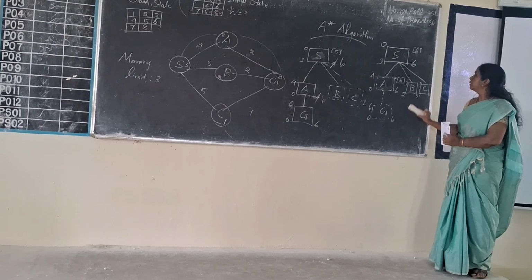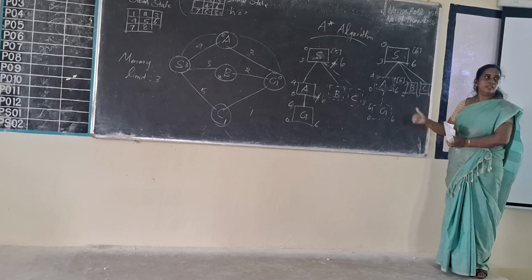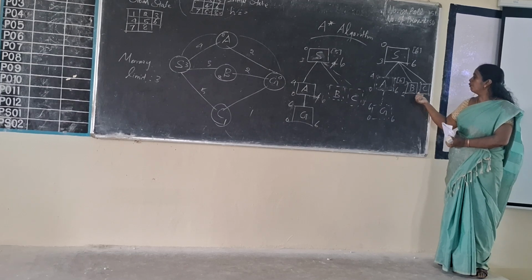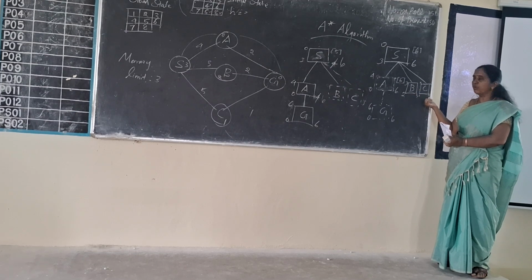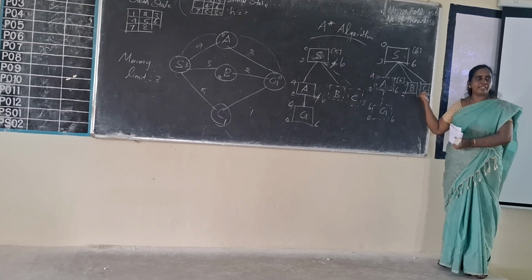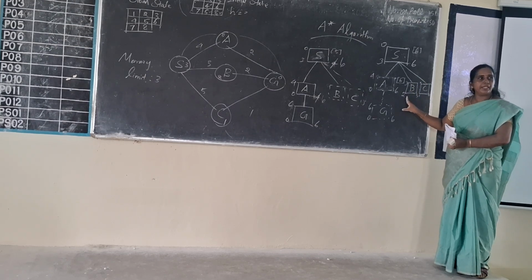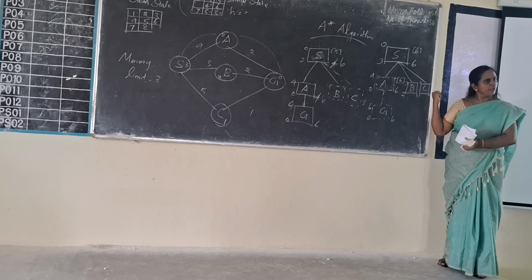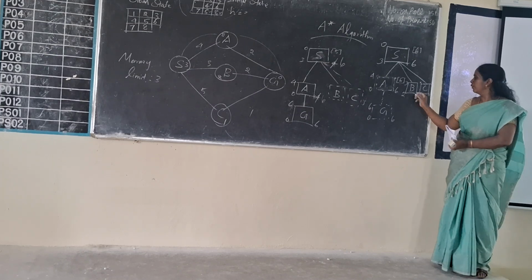Okay, now compare the F values of both node B and node C, which is having less value? B is having less value, so you can keep node B and you can remove node C. Okay.